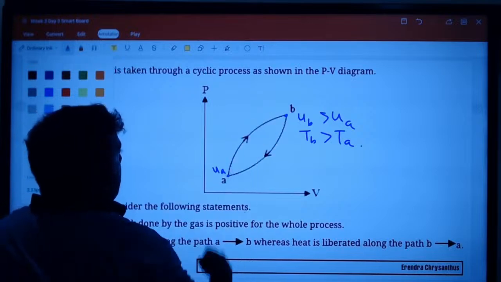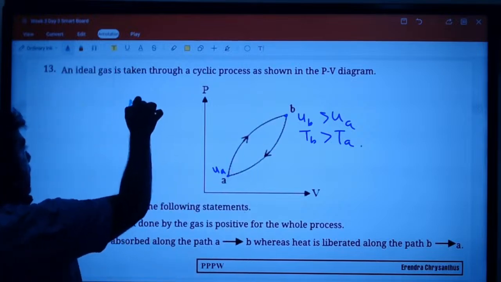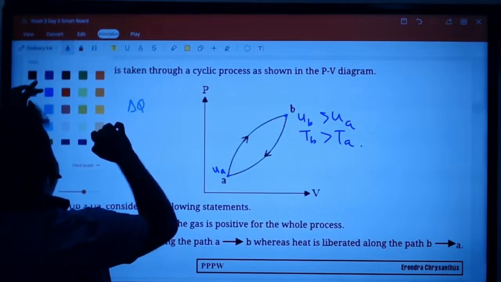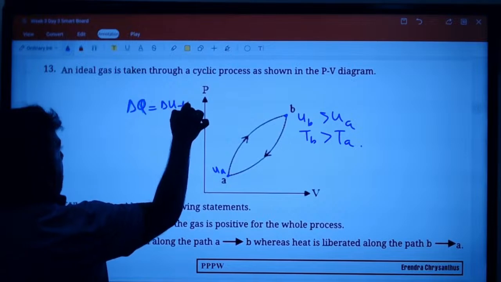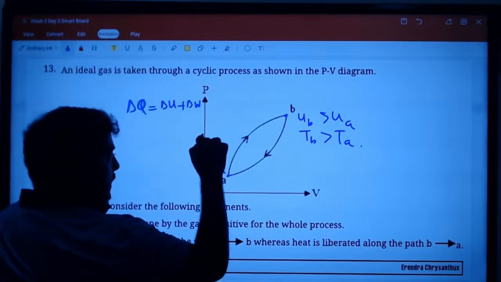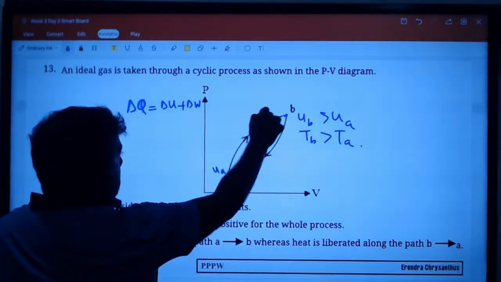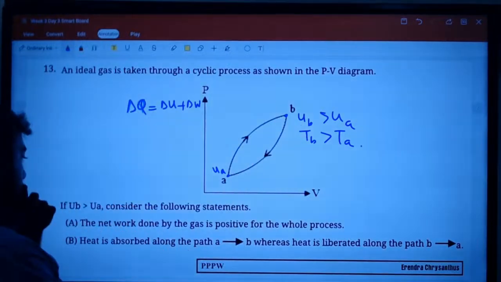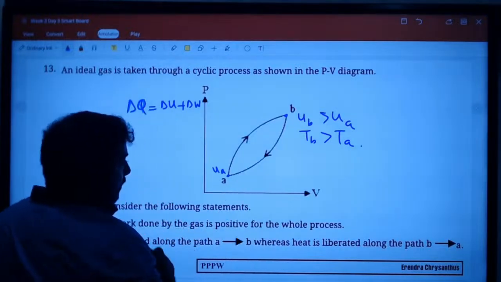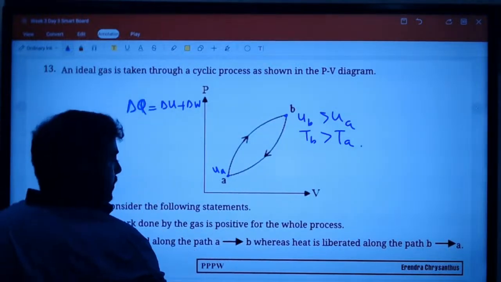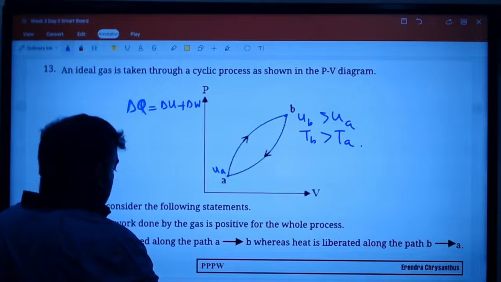Here expansion is taking place. Delta Q equals delta U plus delta W. Starting, finishing: one is expansion, one is compression. What kind? Clockwise. Clockwise cycle means net work output. Net work output means positive.